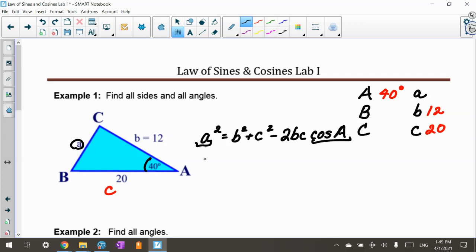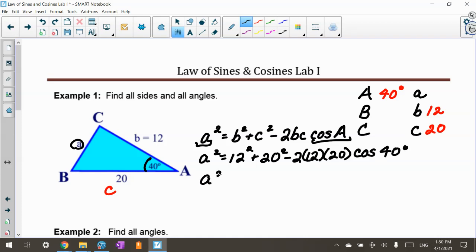When I do that, I have A squared equals 12 squared plus 20 squared, minus 2 times 12 times 20 times the cosine of 40 degrees. Now, when everything's filled in, you literally can just put it in your calculator just like that.